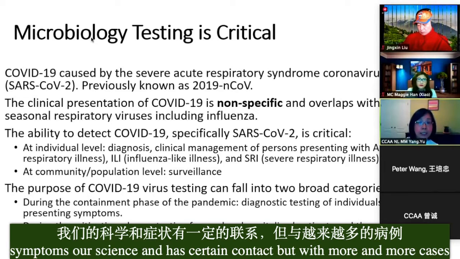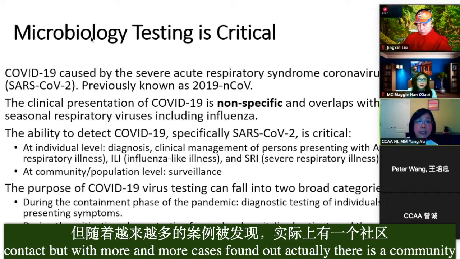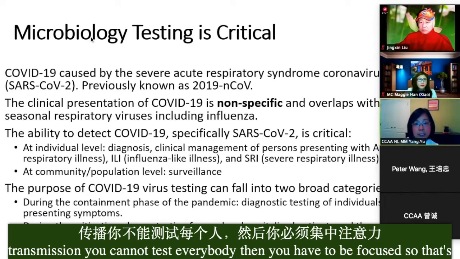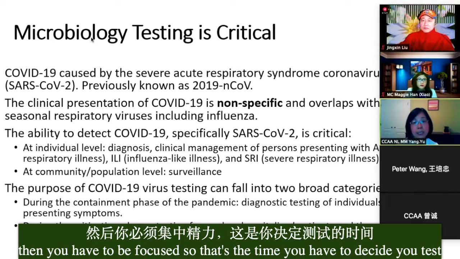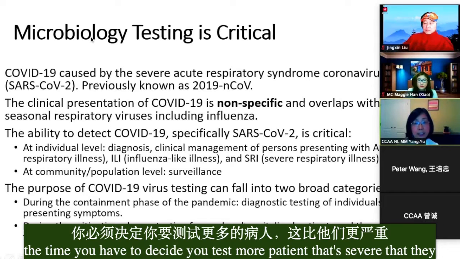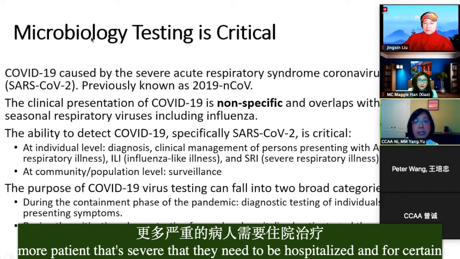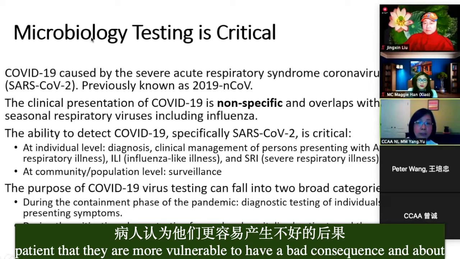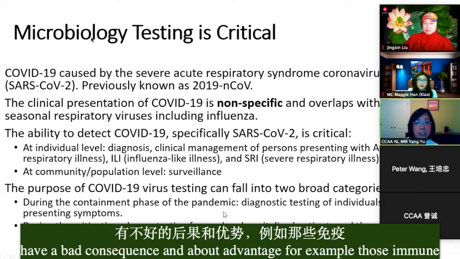But with more and more cases found, especially when there is community transmission, you cannot test everyone. Then you have to be focused. That's the time you have to decide to test more patients that are severe and need to be hospitalized, and certain patients who are more vulnerable to a bad consequence when they get infected.